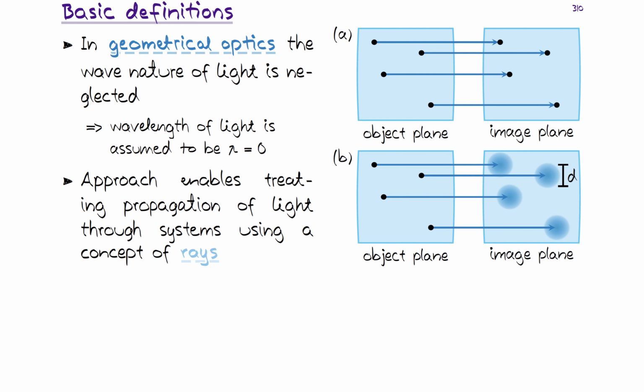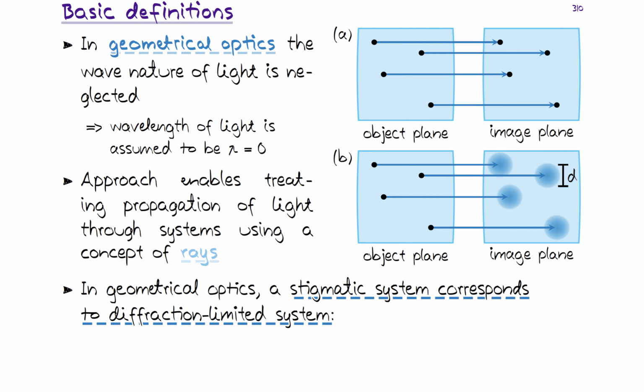So we can really consider a scenario where we have an object plane and points are being imaged nicely into points in the image space and not, for example, blurred locations or distributions. And from the geometrical point of view, when we say that a system is stigmatic, basically it corresponds to a system that is behaving diffraction limited.